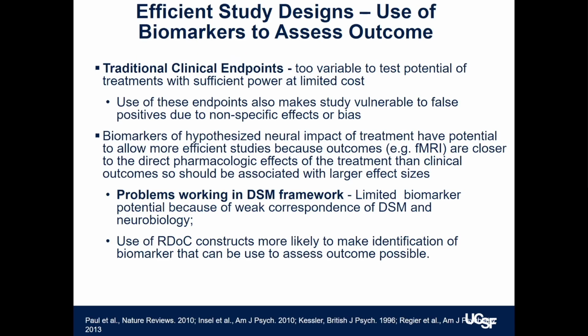So what we usually do in many conditions is use a clinical endpoint, like, let's say if it's depression, a Hamilton Depression Rating Scale, or if it's narcolepsy, let's say an Epworth Sleepiness Scale or something like that. And a challenge with those is that there's a lot of variability built into them because they are judgments of people, either a clinician or a patient, that are very complex.